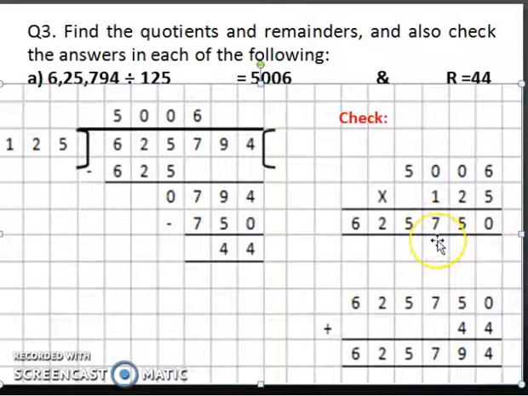Children, I have written a direct answer, but you will do this multiplication in 3 steps. 6 5s are 30, you will write 30, 5 zeros are 0 and 5 5s are 25. Then put a multiplication sign, then add. You will get this answer. Now getting this answer, then you will add the remainder and you will check if your dividend is equal to the answer so received. If yes, then my sum is correct.